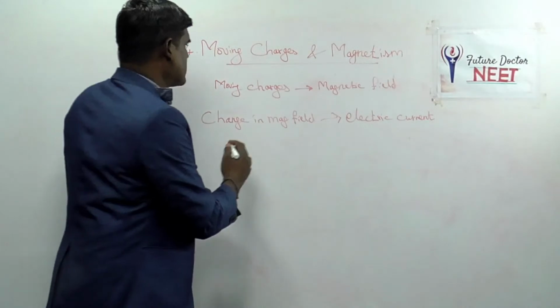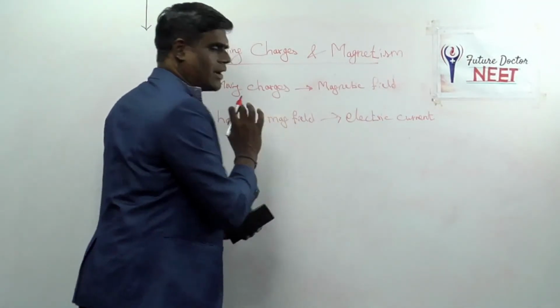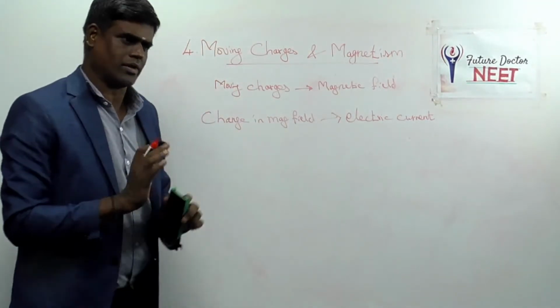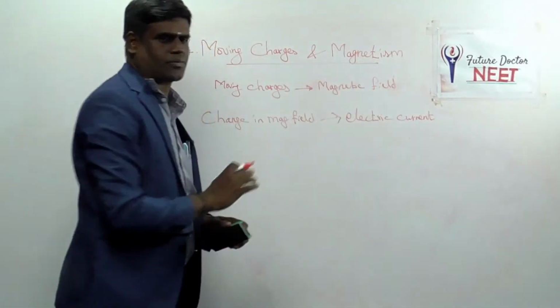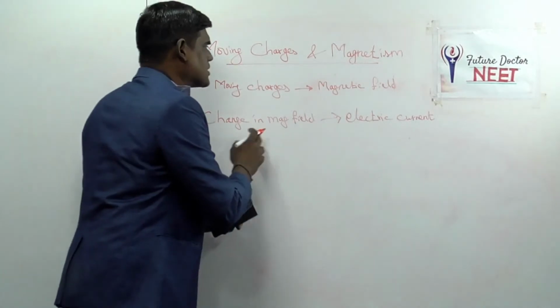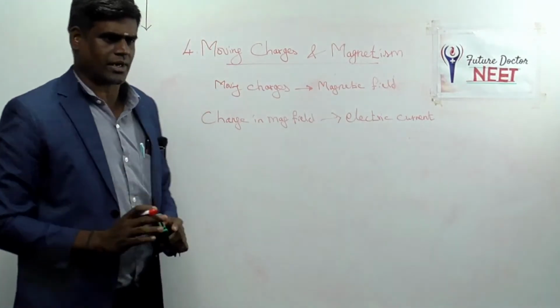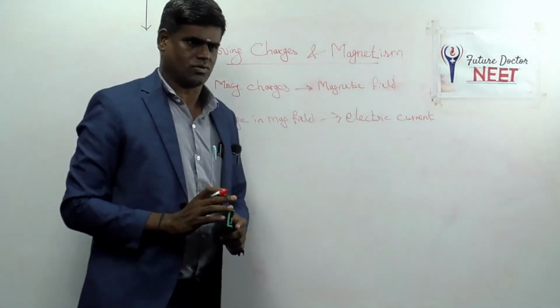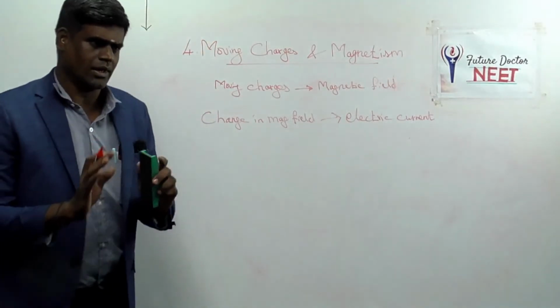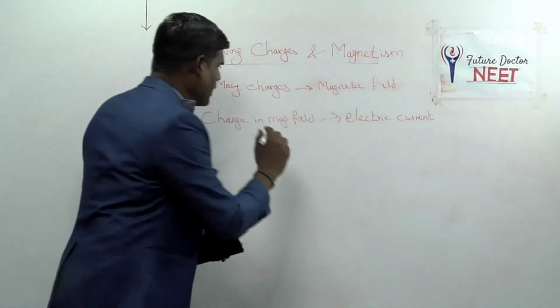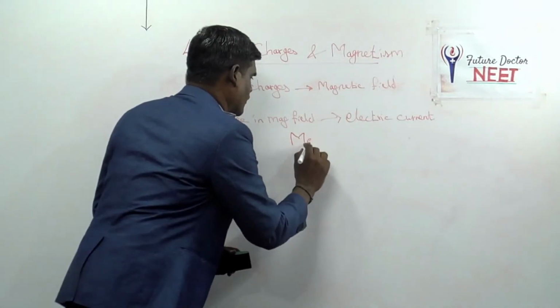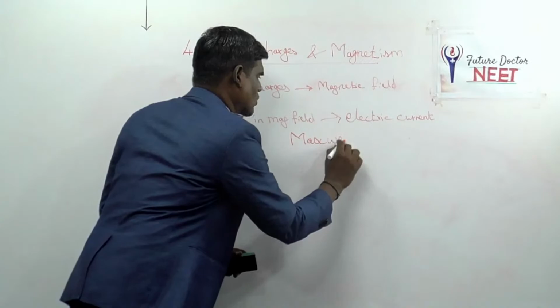So charges and magnetic field are interrelated. When charges move, magnetic fields are produced, and when there is a change in magnetic field, electric current or charges can be produced. So these two are closely linked. This was first observed by Maxwell.